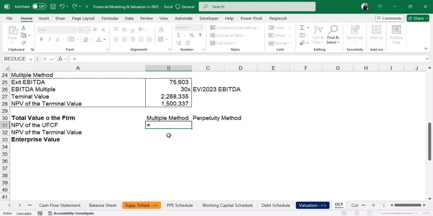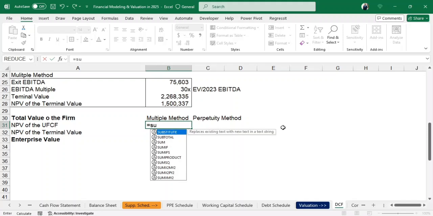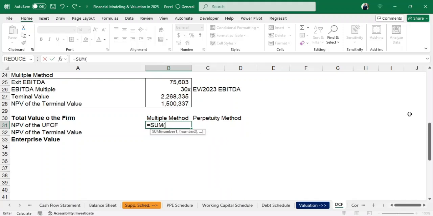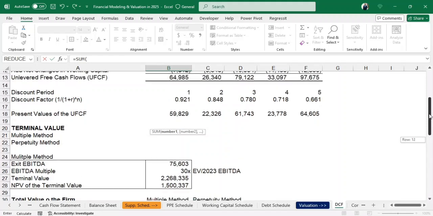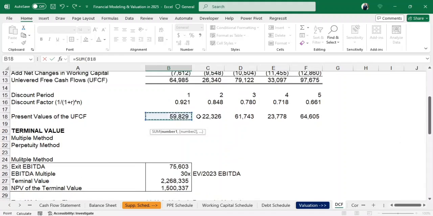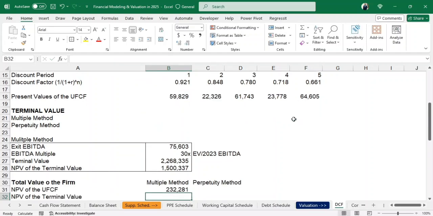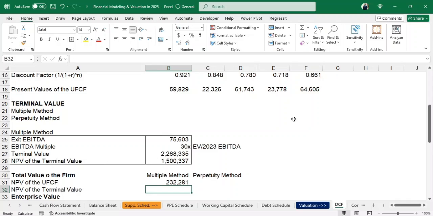We already have the total value of our unlevered free cash flows. Now the NPV of it is going to be the sum of all of the present values of our cash flows. So I'm going to select from here, sum all of this, close my parenthesis and hit enter. Then that of the terminal value is already determined for us up top here.